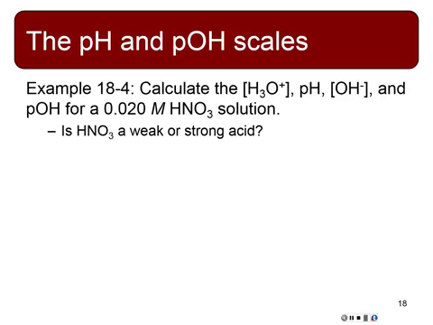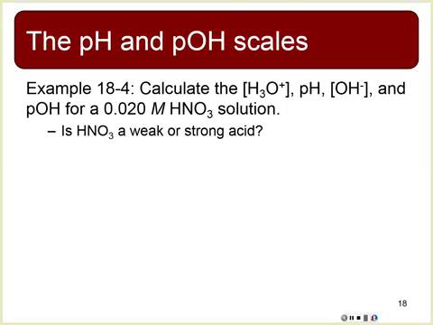of the hydronium concentration. So even though it says calculate there, we don't really have to calculate anything for hydronium, because it's already given to us. This is a strong acid, and we define acids by their hydronium, or H plus, concentration.